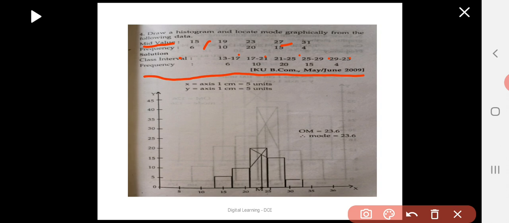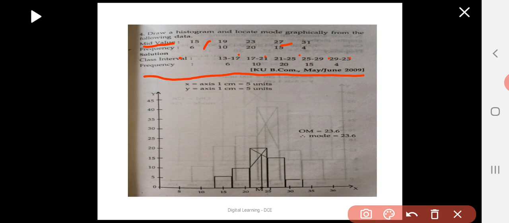Then if inclusive class intervals are given, we should convert them into exclusive class intervals, and these rules apply here also. So before constructing a histogram, we make sure that class intervals are proper to be plotted in the graph.